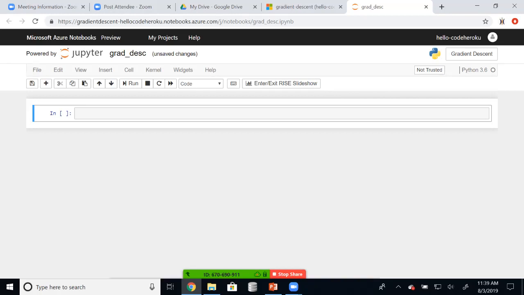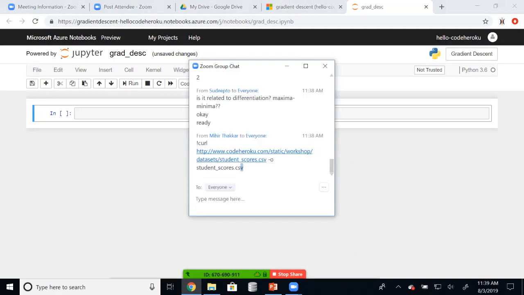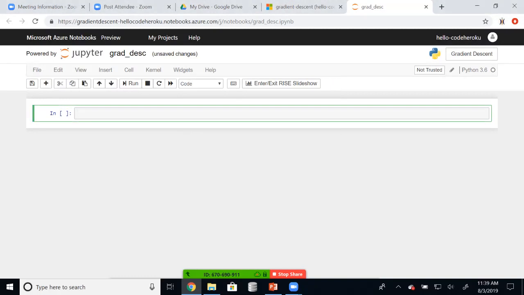So I have also pasted a line of code over there for you to download the data set that we are going to use. So go ahead and copy paste it to your Jupyter notebooks. We have already done this before in our class. Let's use the curl request, and note that because this is an exclamation mark, our Jupyter notebook is going to treat it as a Linux or a shell command.